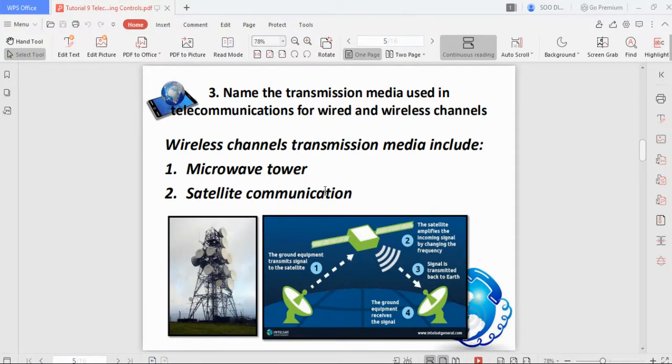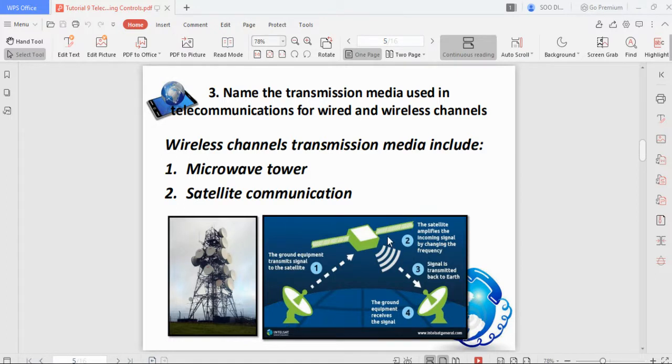So for satellite communication, it's also the same, but it's at an even higher frequency lah. We transmit the signal from a ground equipment, and then the satellite will receive that signal, and by changing the frequency is able to send the signal back to Earth and to all of us receivers lah.